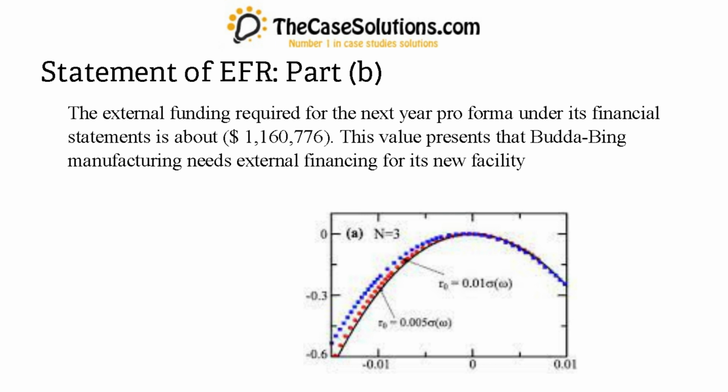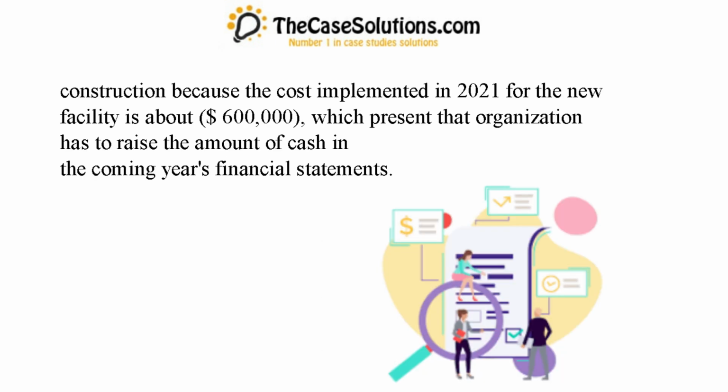This value presents that Budda-Bing Manufacturing needs external financing for its new facility construction because the cost implemented in 2021 for the new facility is about $600,000, which shows that the organization has to raise the amount of cash in the coming year's financial statements.